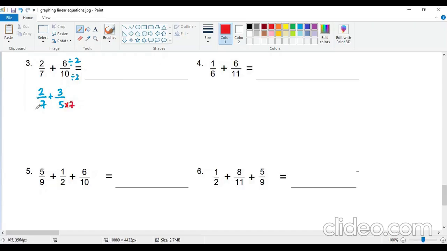This is going to be multiplied by 5, and we are going to multiply the numerator also by same numbers that we have multiplied the denominator. So this is giving us 10 over 35 plus 21 over 35. Next is doing the same procedure that we have done earlier. We write 35 one time only, and 10 plus 21 is going to give us a 31 over 35, which is the final answer.